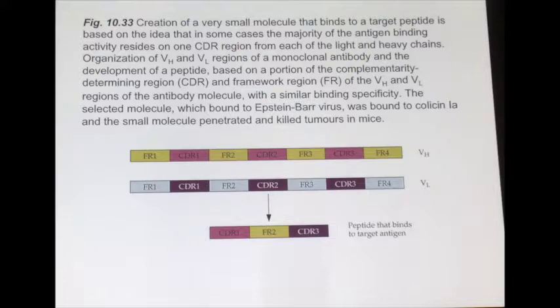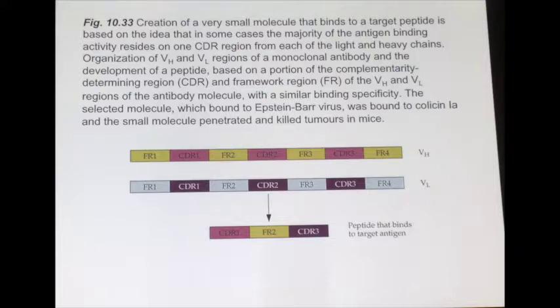And of course, how do we test it? We take cells in tissue culture, and we're going to add Epstein-Barr virus. The molecule itself, this short peptide, is going to be coupled to another molecule called colicin 1A, and so it is Roman numeral 1, it's not IA. The Epstein-Barr virus, first of all, is tested in cells in culture, but then they tested it in mice.